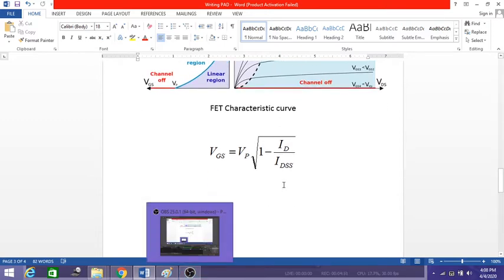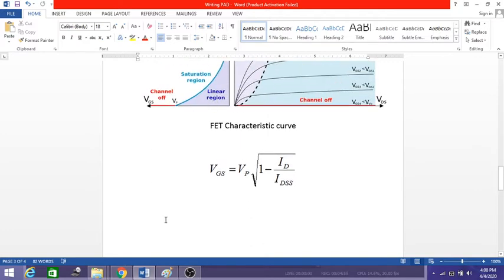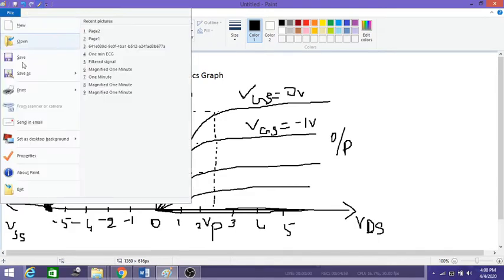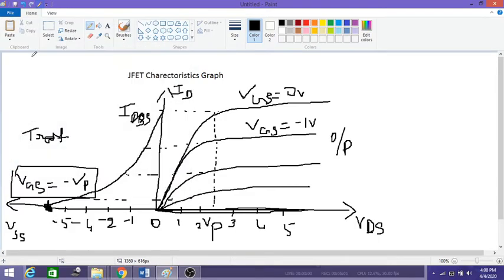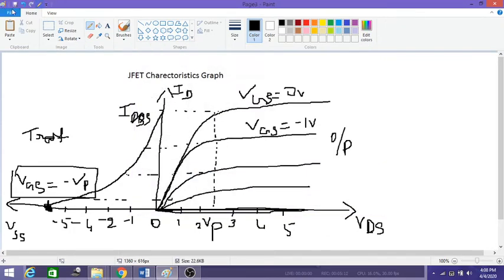Okay, so now, how to obtain this transfer characteristic graph? There are a few points. Let me save this as page 3, and let me get a new page here.